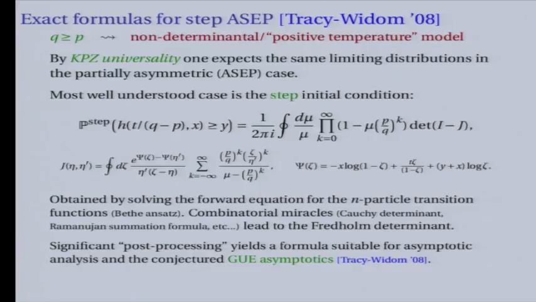But the second thing is that the formula they got written like this is still not good for asymptotics. One would like now to take t to infinity in the right scaling and try to see GUE. And the formula one gets from this method is not good for that.